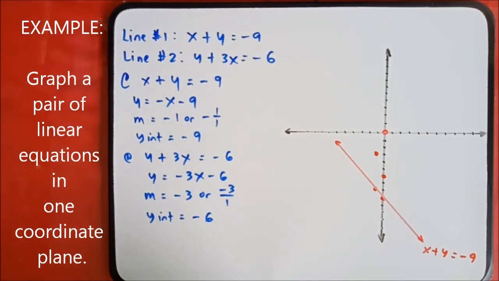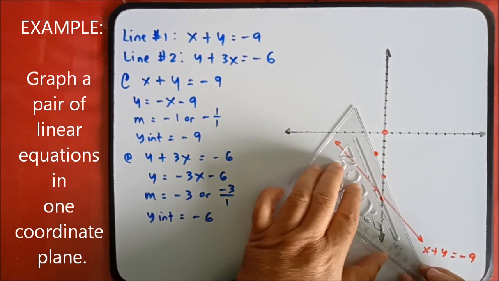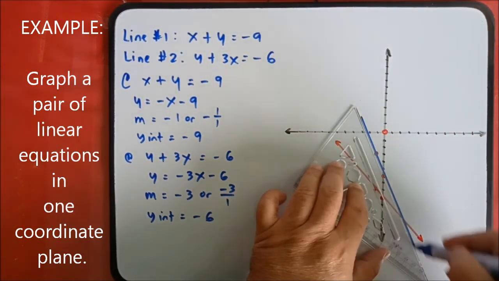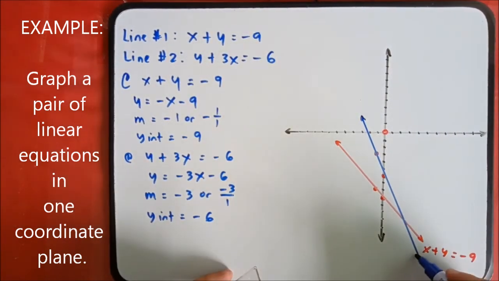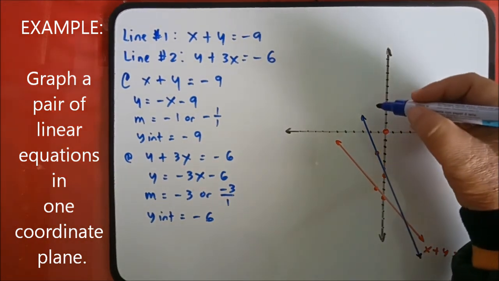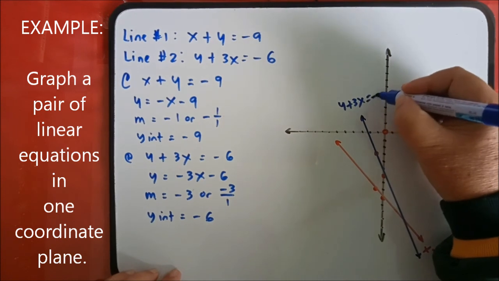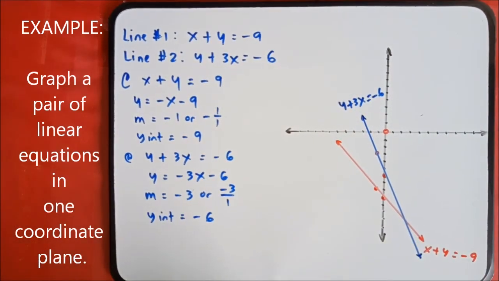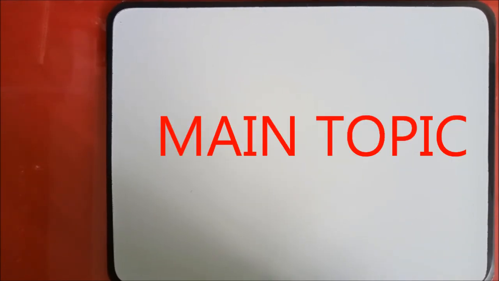Okay, ganito yan. So, this is our equation number 2, which is y plus 3x equals negative 6. Okay. So, malinaw. So, we may proceed to our main topic.